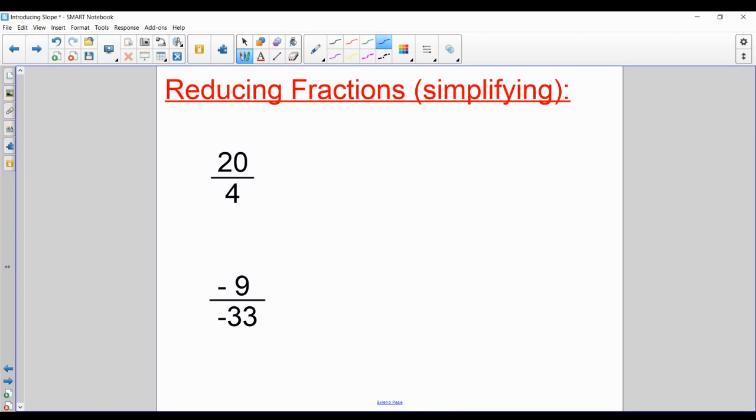So if I look at this first one, I can see that 20 and 4 are both divisible by 4. So what I'm going to do is divide 4 in here. Well, 4 goes into 20 5 times, and 4 goes into 4 once. So I could say this is 5 over 1, but I could also just say 5.